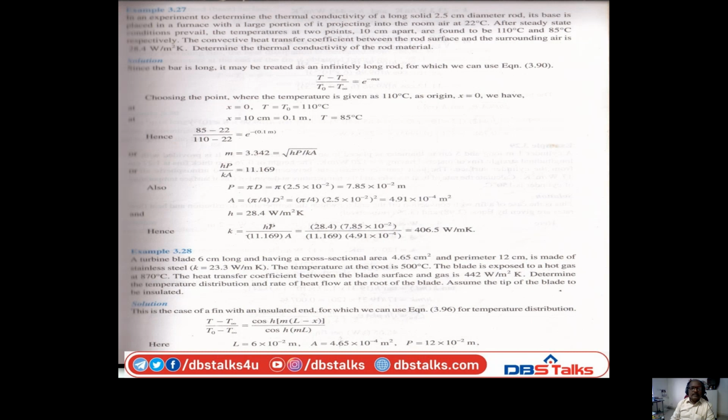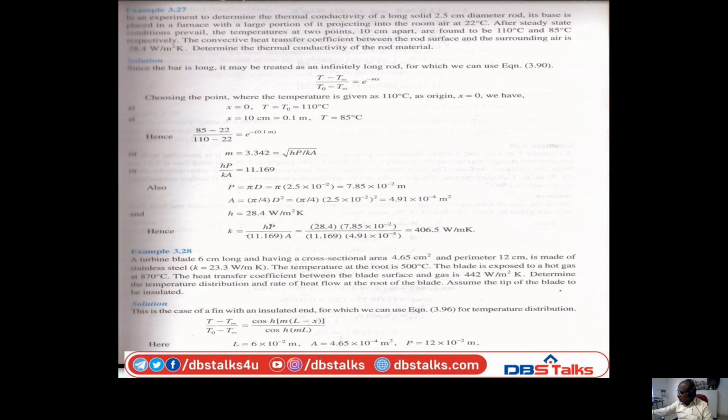The first point we take as the base temperature, the other point we take as the end temperature. So at x equal to 0, the base temperature we should take as 110 degrees centigrade. At x equal to 10, the temperature is 85 degrees centigrade.